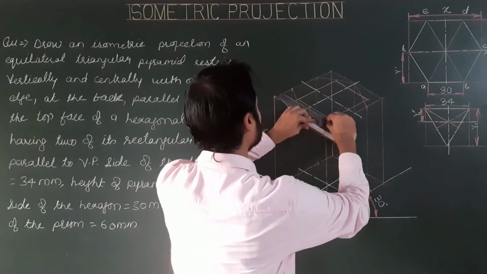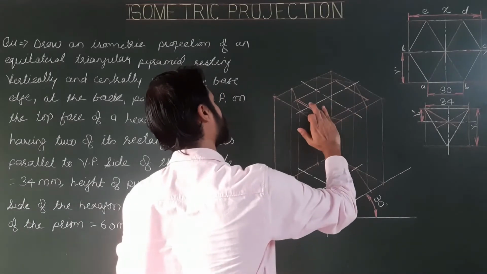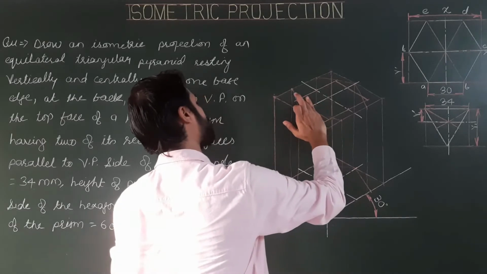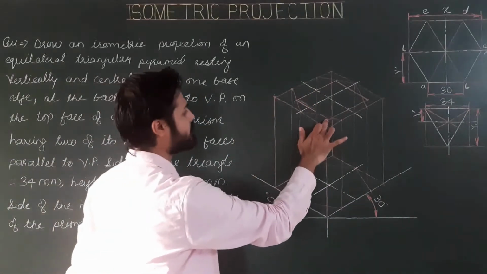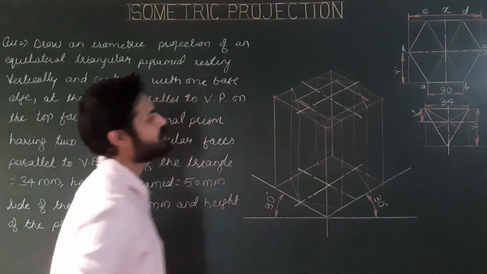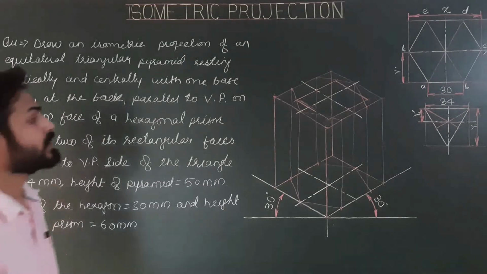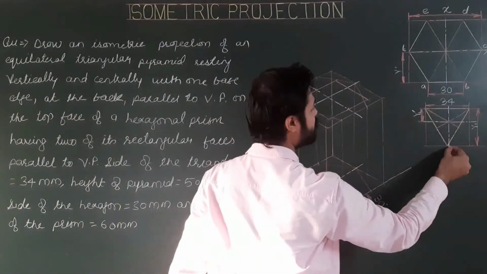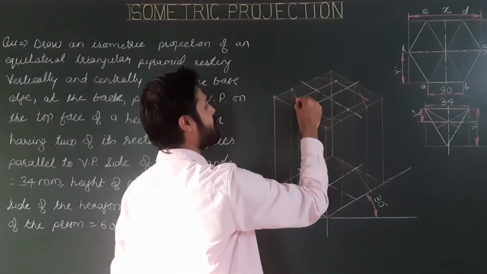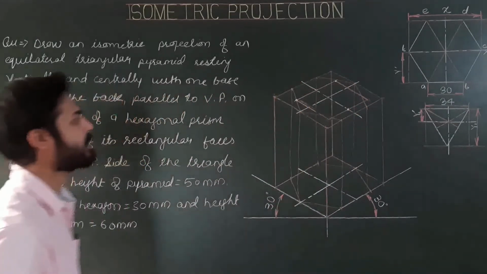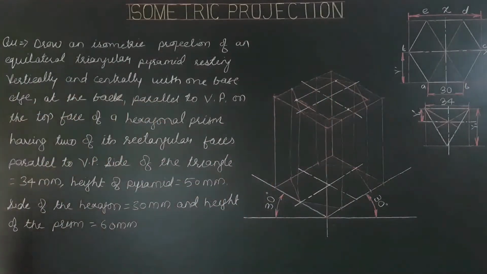Some mistake, so again it is correct. So we have the helping figure of triangular base of the triangular pyramid. Next we have to mark all three corners, first corner, second corner, and this is third corner. Third corner, second corner and first corner.